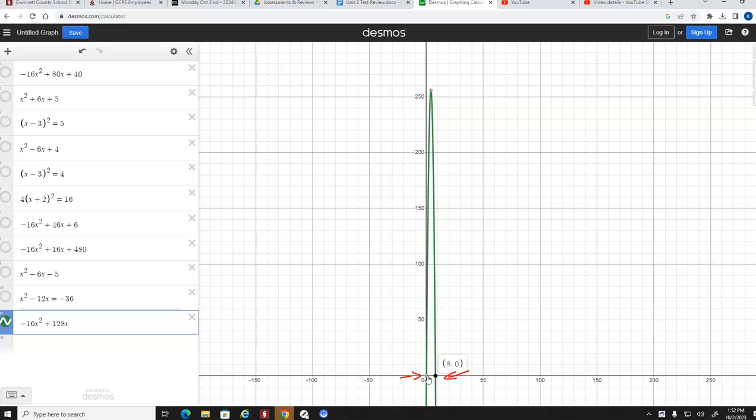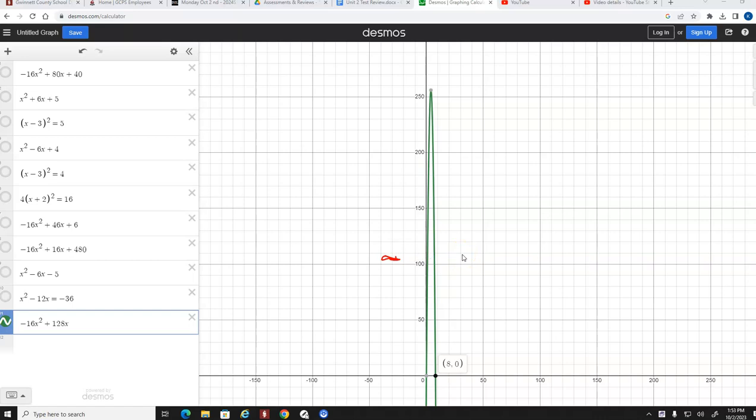Question B, after how many seconds will the rocket be 112 feet above the ground? Let me see what is 112 feet. Almost right there, 1 second. So for this one right here, 1 second, it's at 112 feet.